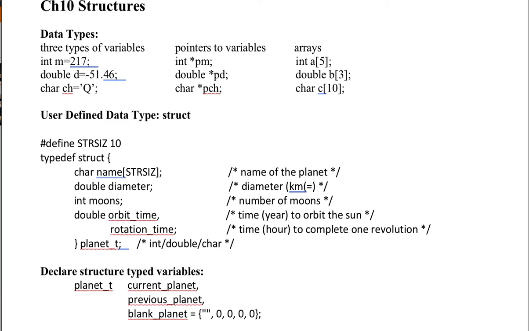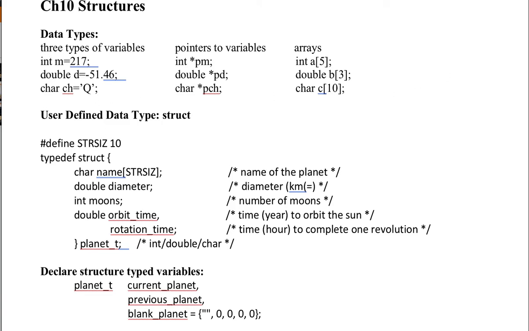And that single unit is considered a structure. This is how we create or define a structure type. And after you have the type well defined, you can use a type name just the way you use the types int, double, char.